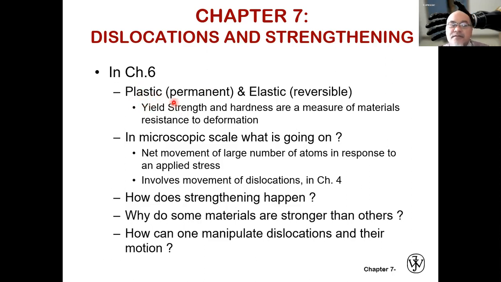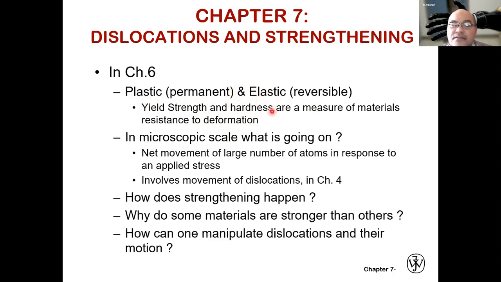So from the macroscale point of view, we call that the yield strength or hardness, which are a measure of the material's resistance to deformation. Yield strength is how high of a stress the material can withstand before it enters the plastic region.